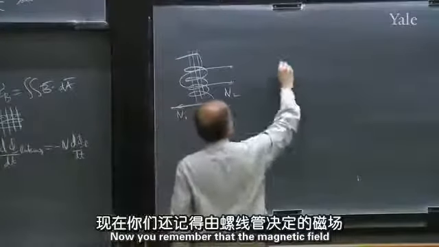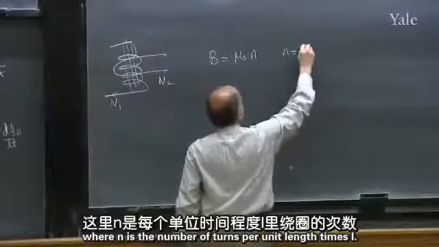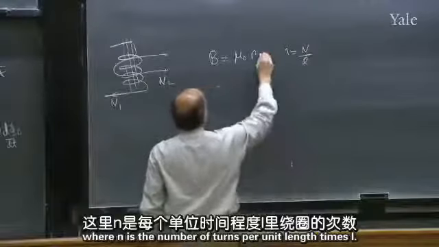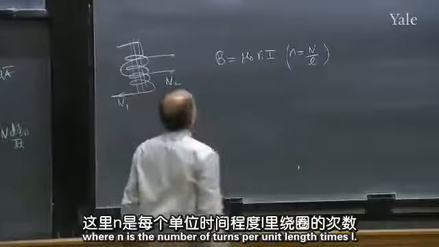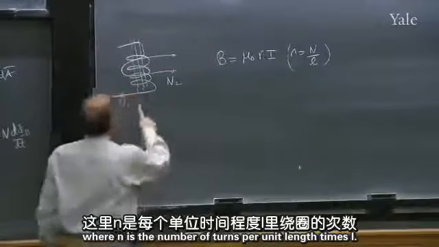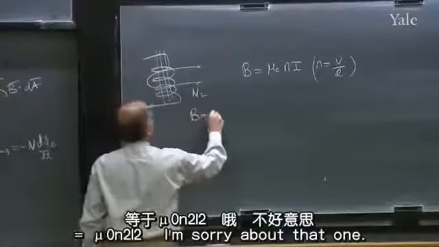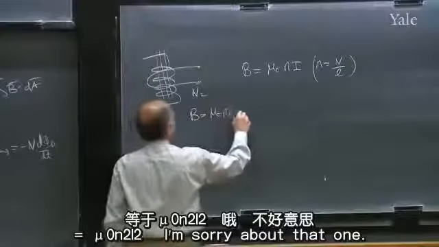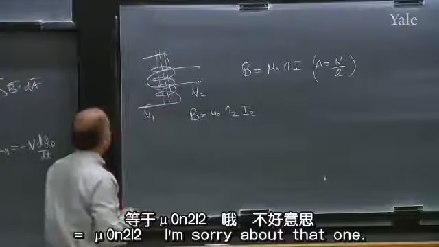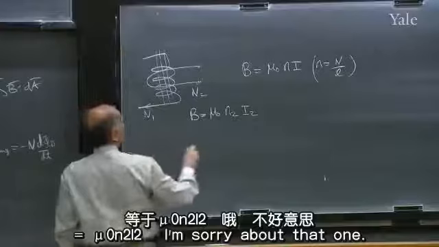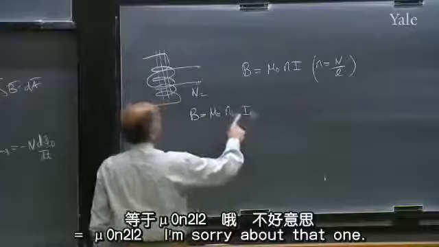Now you remember that the magnetic field due to any solenoid is mu0 times N, where N is the number of turns per unit length, times I. Therefore, the magnetic field in this solenoid is equal to mu0 N2 I2. Remember, I'm sorry, N2, please, sorry about that one.